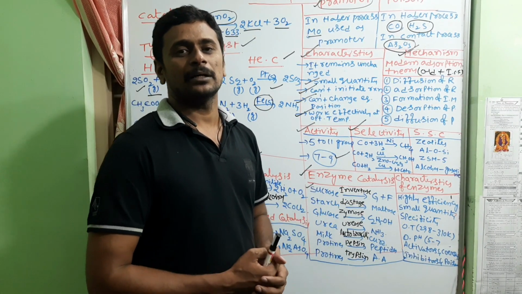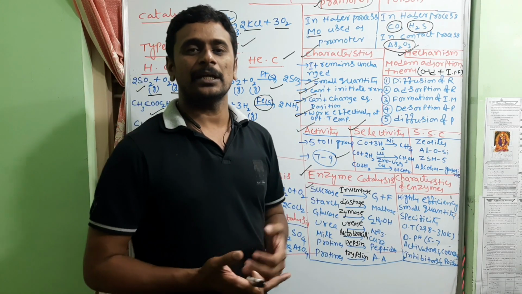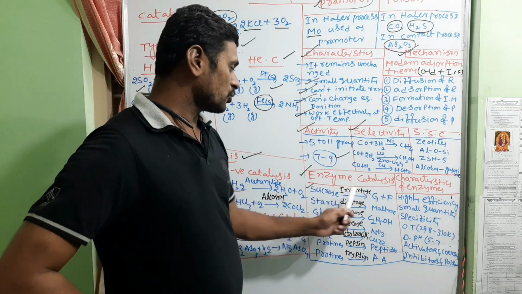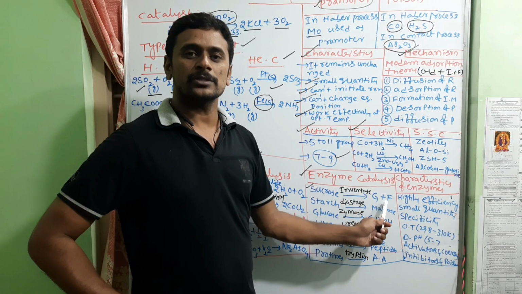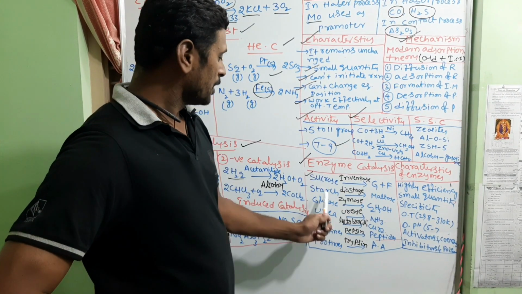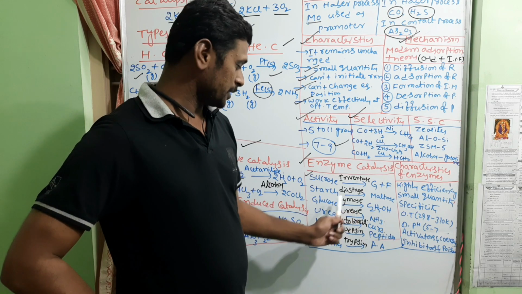Now coming to enzyme catalysis. It is nothing but a biocatalyst, and we can say it is an organic catalyst also. Sucrose is converted into glucose and fructose in the presence of invertase as enzyme. Starch is converted into maltose in the presence of diastase.